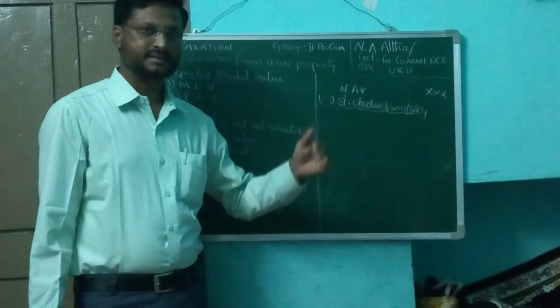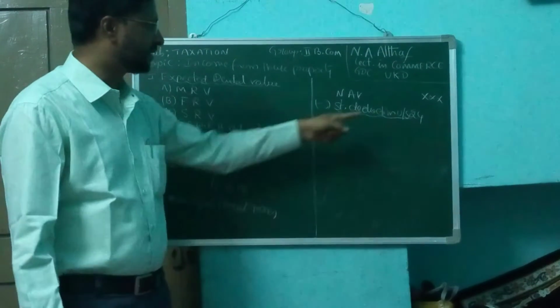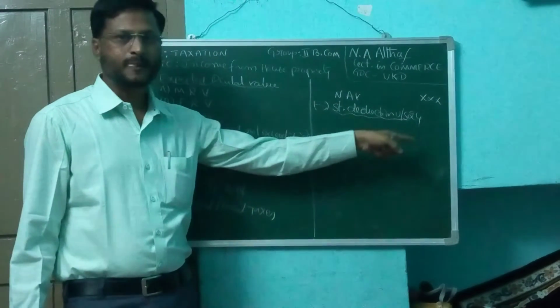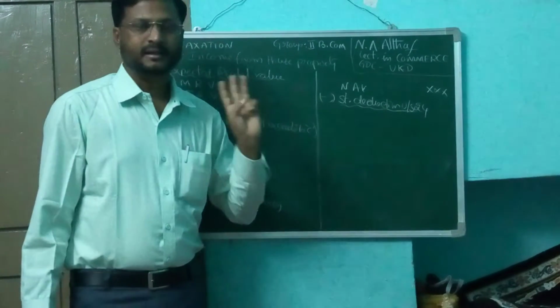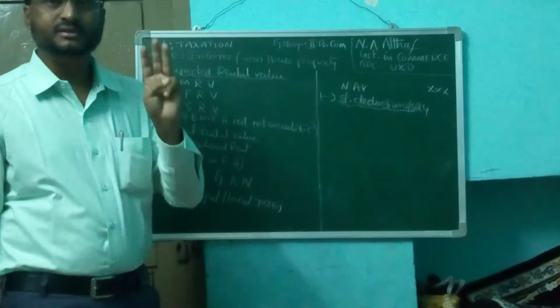As per the Income Tax Act 1961, section 24, that house is eligible to get standard deductions. These standard deductions are divided into 3 types.